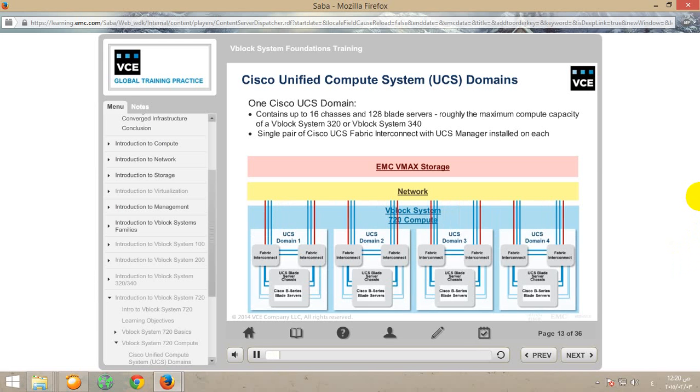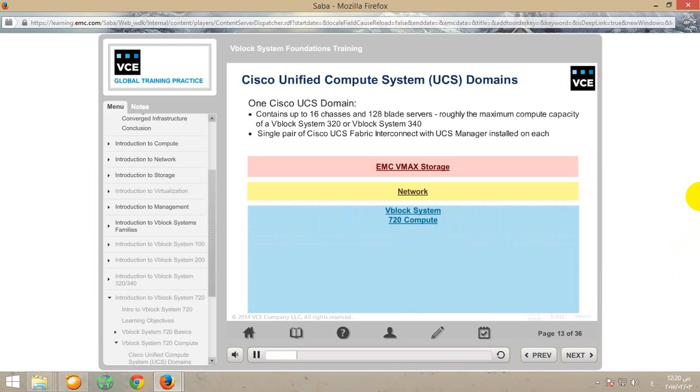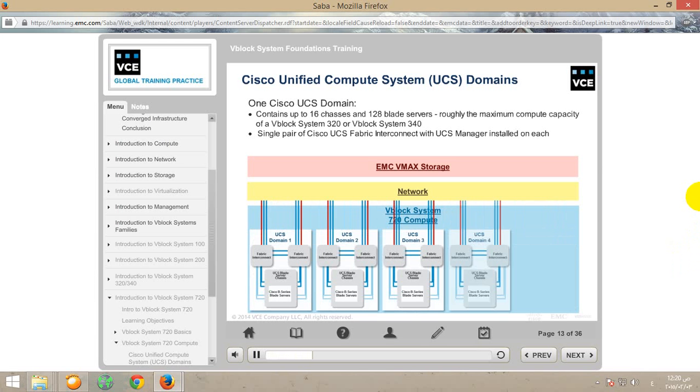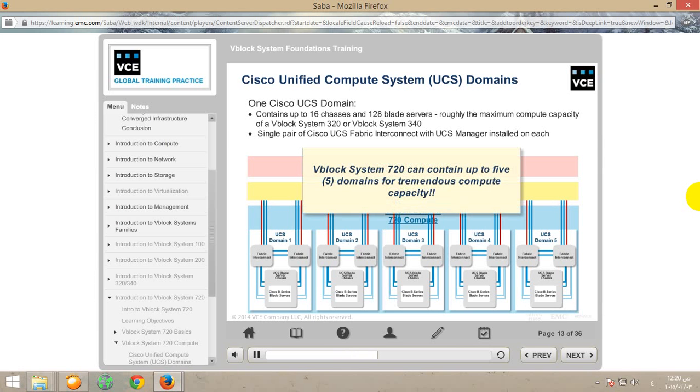Actually, a customer can purchase a VBlock System 720 with up to 5 UCS domains. Or they can add up to a total of 5 domains after purchasing a VBlock System 720. That provides a tremendous amount of compute capacity in a single VBlock system. So now you can see, relative to other VBlock systems, just how much capacity a single VBlock System 720 can provide.